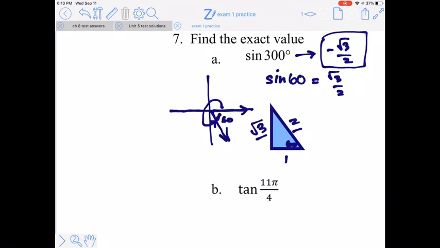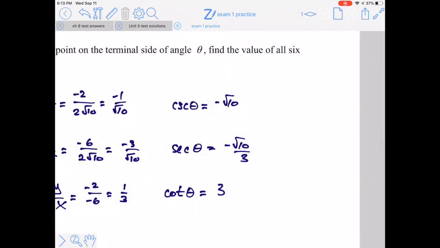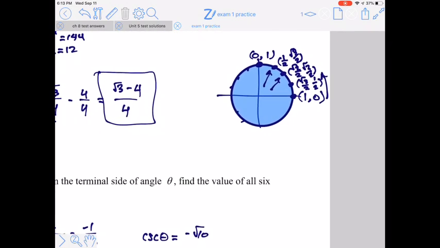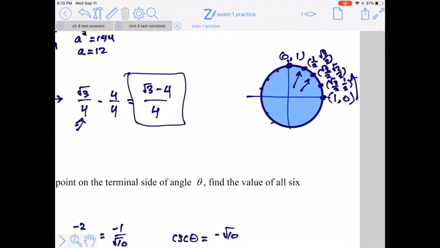If at some point in the exam you've drawn your unit circle somewhere, let me explain how this would look on a unit circle. So 300 degrees would be this point right here on the unit circle, which is a reflection of that point right there.